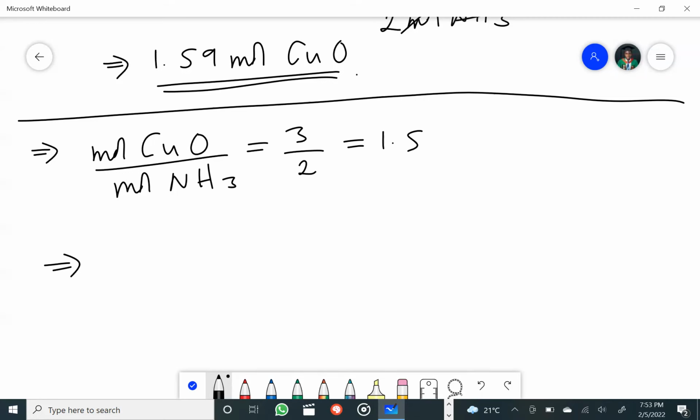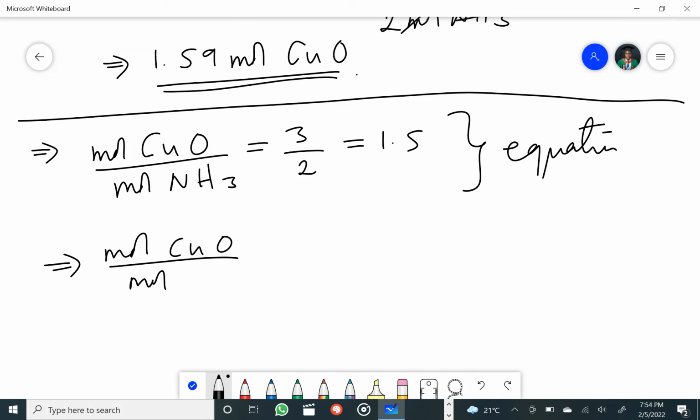Then they want to compare the actual moles. What I wrote first is according to the balanced equation. So now they get the actual moles, in this case 1.14 and 1.06, and say okay, here we're getting 1.08.